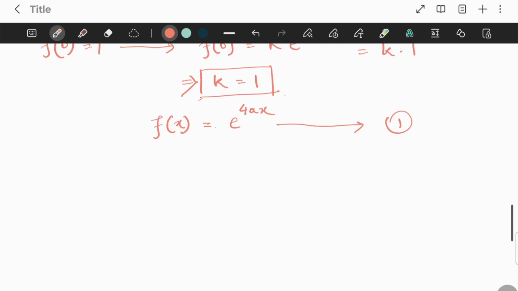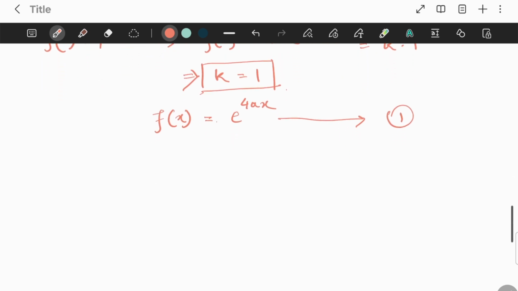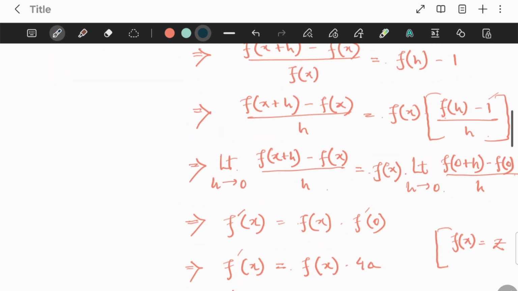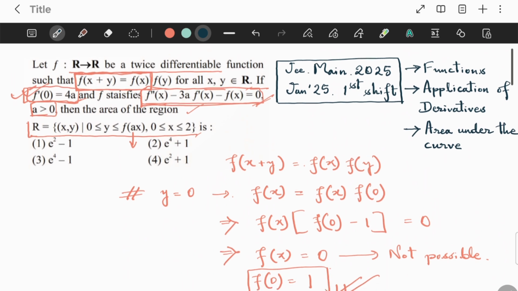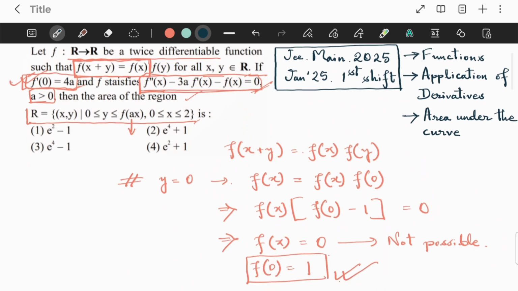Now in the second part, what we were supposed to determine is the value of a. So we are given in this question that f double dash x minus 3a f dash x minus f(x) equals 0.